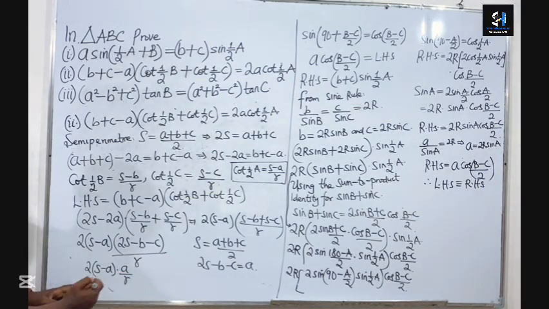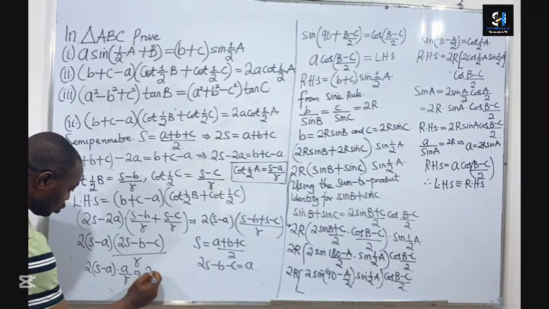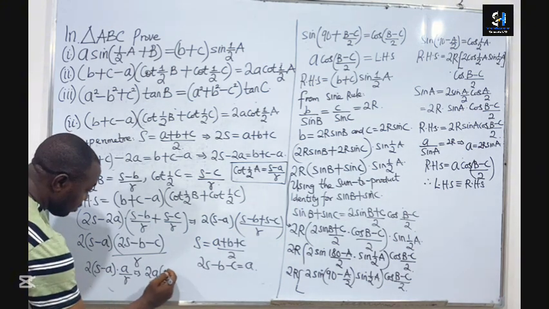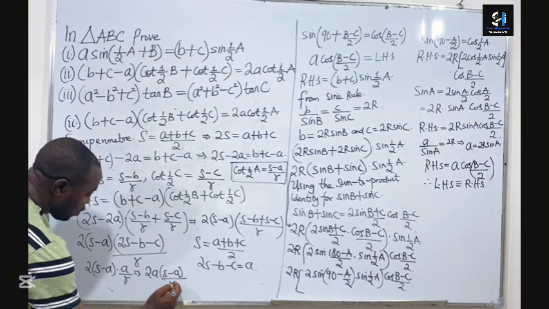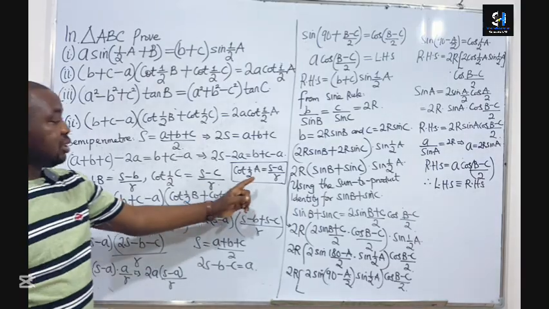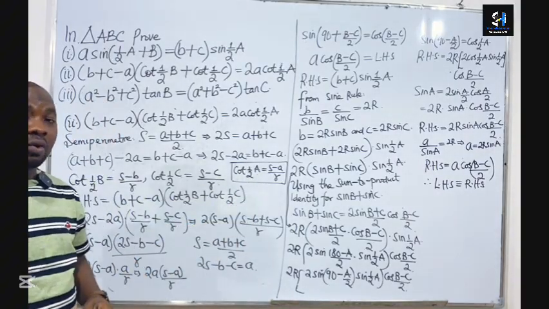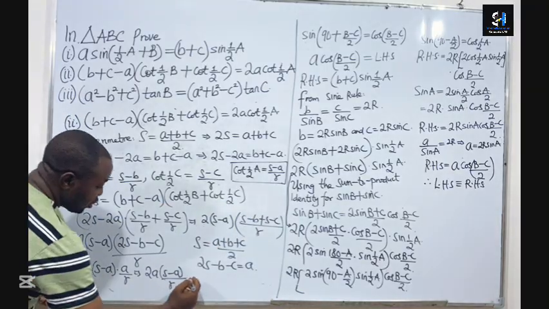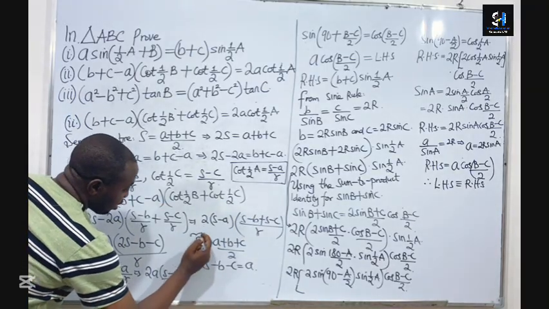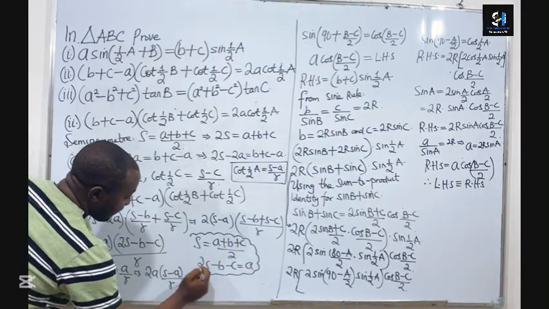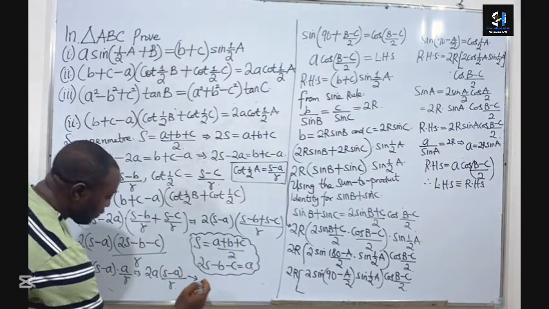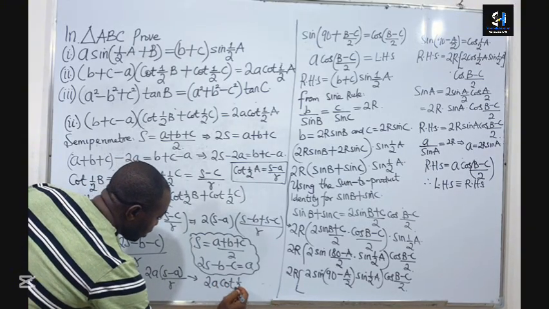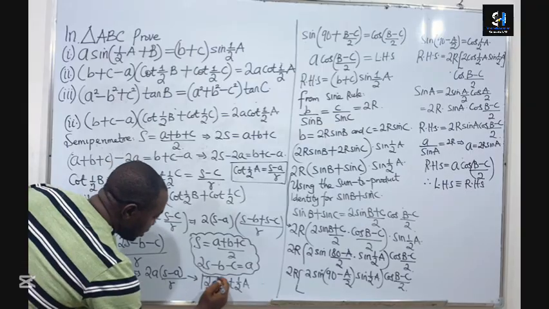Okay, now let me rearrange this. This will be 2A, then parentheses S minus A over R. Remember I said the in-radius formula for Cot A over 2 is what? S minus A over R. So from here we have that this will be 2A Cot A over 2, and this is what we're looking for.